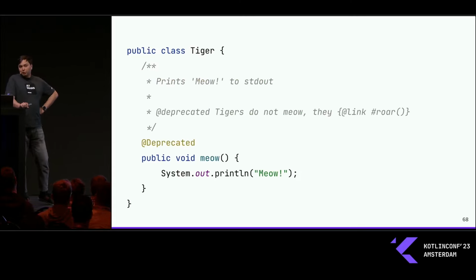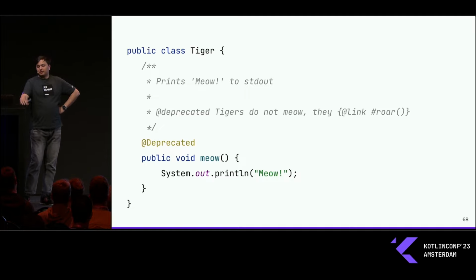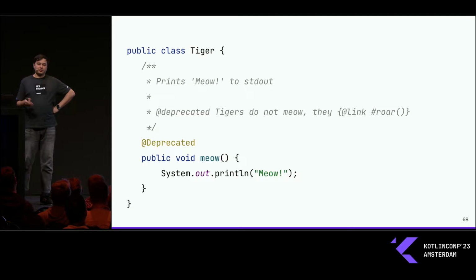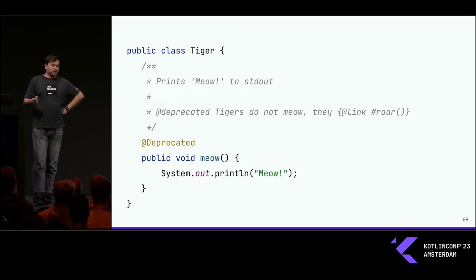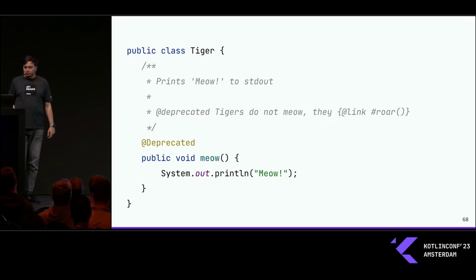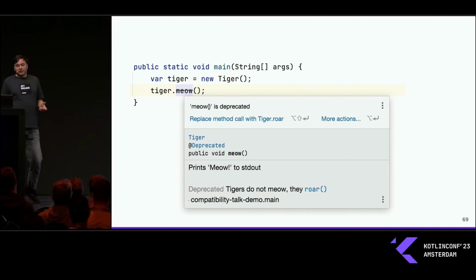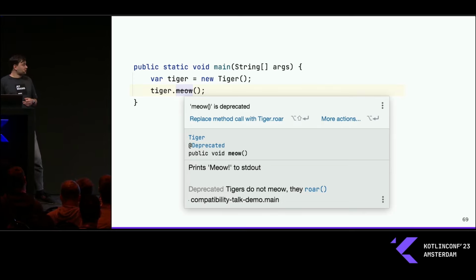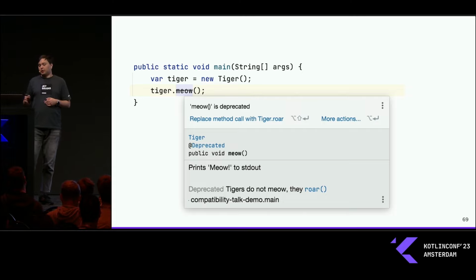So we can write a Javadoc that has some special tag in it, @deprecated, and state the reasons for deprecating this function and what they should use next. If you use IntelliJ, IntelliJ is smart enough to parse the Javadoc, so it gives us this nice tooltip, which says meow is deprecated.